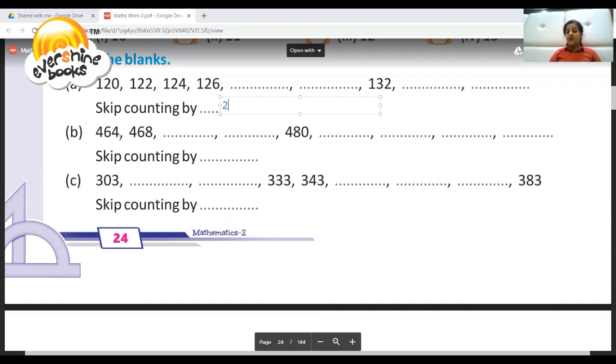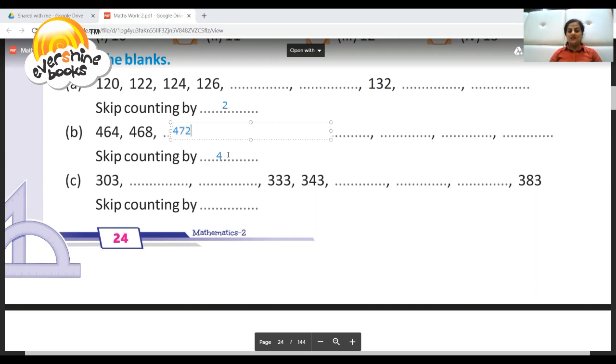It means the gap is of 4 and we are going to leave 3 numbers in between. So we are going to write here 4 first of all, and here we are going to write the number after 3 numbers. That is 468, 469 leave, 470 leave, 471 leave, and we got our answer.